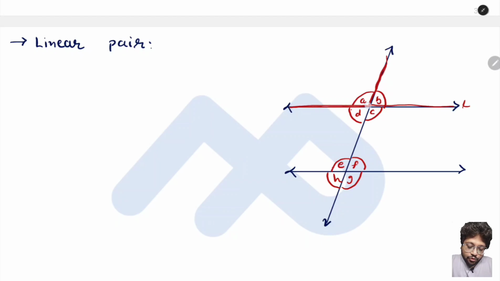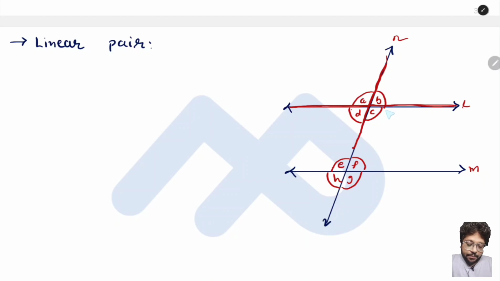And they sum up to 180 because they are on the same line. If you add them, it will be a total straight line, so that will be total 180. Similarly, this B and C are also a linear pair because they are also on the same straight line. That line is N. This is L, this is M, and this line is N.